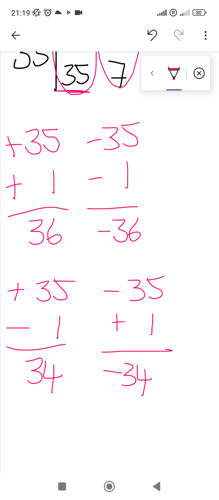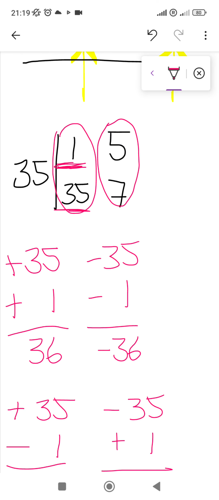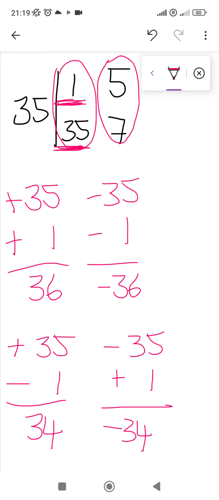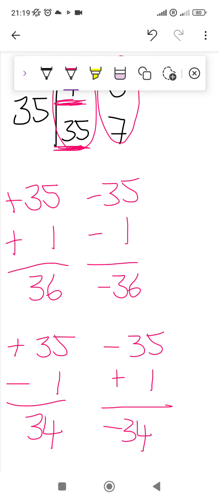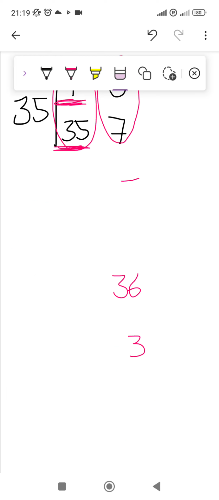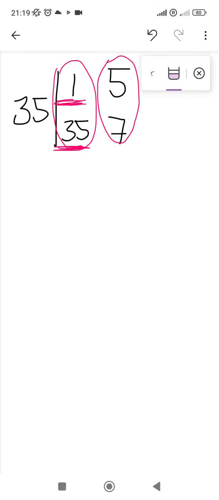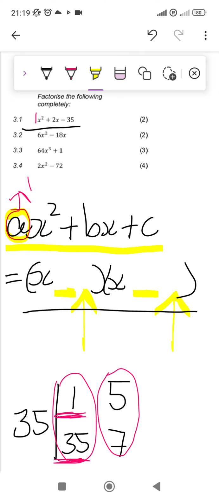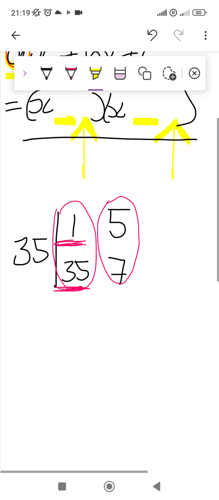So this pairing, the 1 and 35, could get me a positive or a negative 36, or a positive or a negative 34 when I added or subtracted them. Are any of those values, the 36 and the 34, my middle term, my b value? If I look here, my middle term, my b value is a plus 2. So the pairing that we used, the 1 and 35, couldn't get me a positive 2.